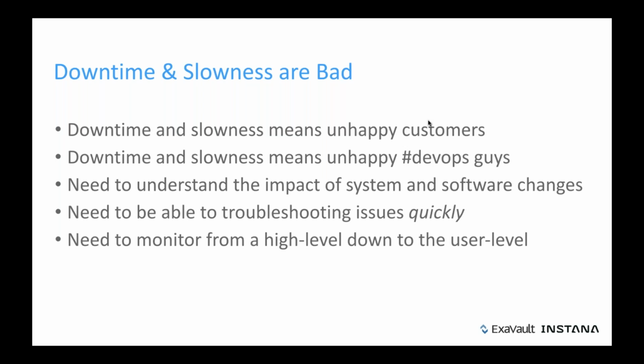They're much more unhappy at 2 a.m. than at 2 p.m. And so if you have a downtime event, or some performance problem, it means you've got unhappy customers. Of course, it also means you've got unhappy DevOps guys, because they don't like getting woken up at 2 a.m. any more than the customers do. So it's sort of bad all around.